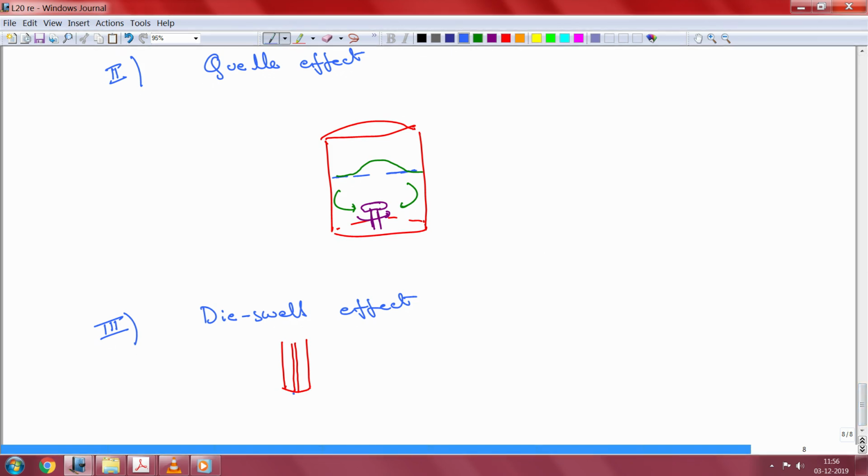If it's a Newtonian fluid, the extrudate that comes out has a diameter that is almost the same as the inner diameter of the tube from which it is coming out. But in the case of strongly non-Newtonian fluids, there can be a very big bulge in the fluid as it comes out, and that's why it's called the die swell effect.